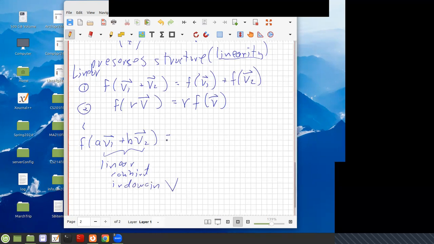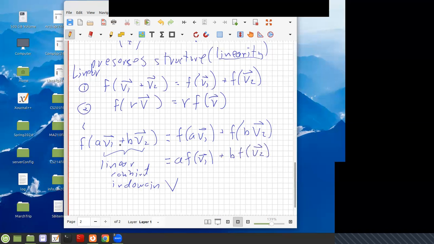By the first property, we can divide this up into f of a v1 plus f of b v2. Then I can use the second property twice, once to pull out the a and once to pull out the b, to get a f of v1 plus b f of v2.